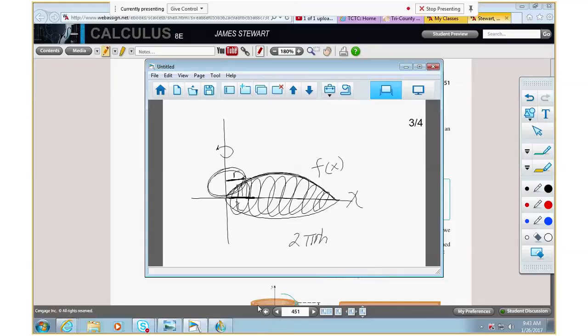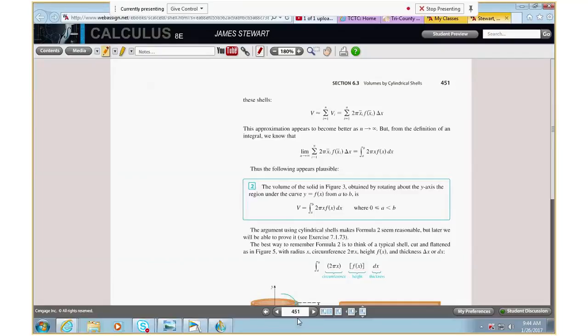Well, we've decided that r is equal to x, and h is equal to f of x. So it's 2 pi x and then f of x.